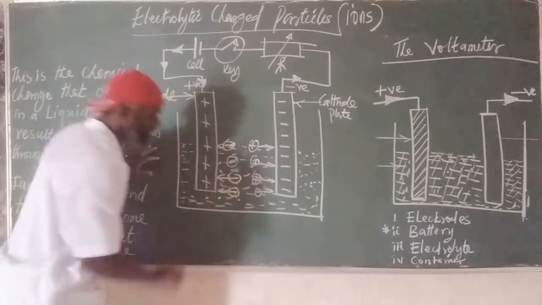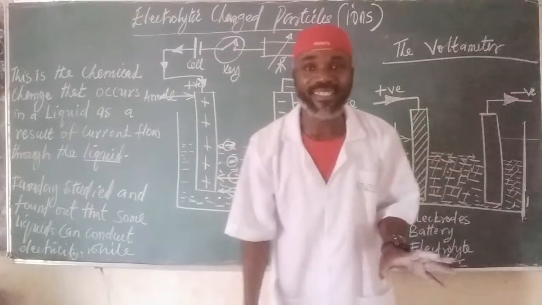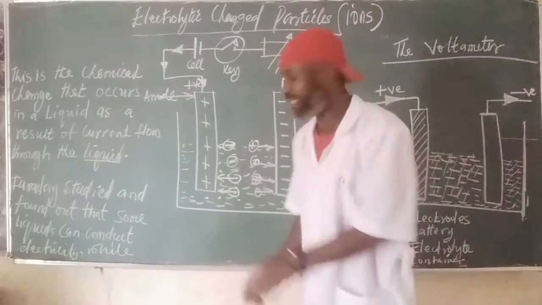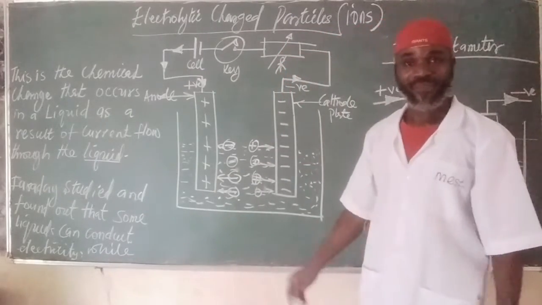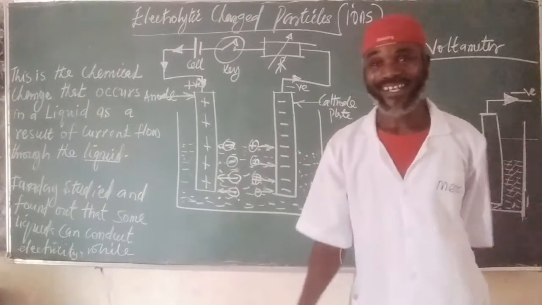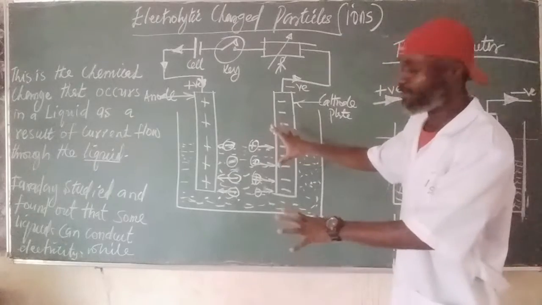That is exactly what happened. And we call this electrolysis dynamics, or dynamics of charged particles in electrolysis. That's what it means. Look at it, very beautiful, interesting to learn. Come on, I love this concept.